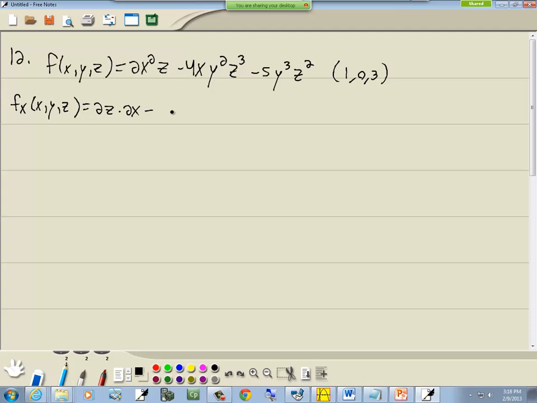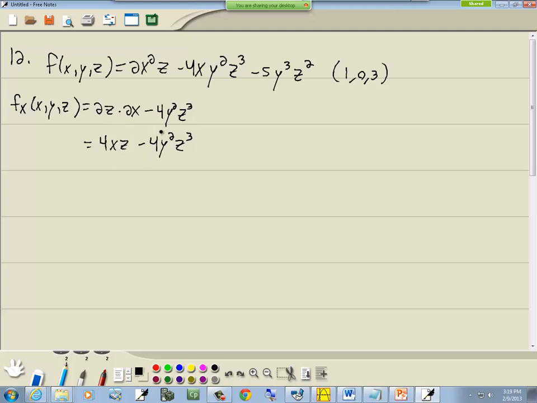Minus, the 4 remains, the y squared remains, the z to the third remains. We treat them all as constants. And then the derivative of x is 1, so that drops away. Minus, scratch that. There is no x in this last one, is there? So that's a constant, so that drops away completely. So this gives us 4xz minus 4y squared z to the third.